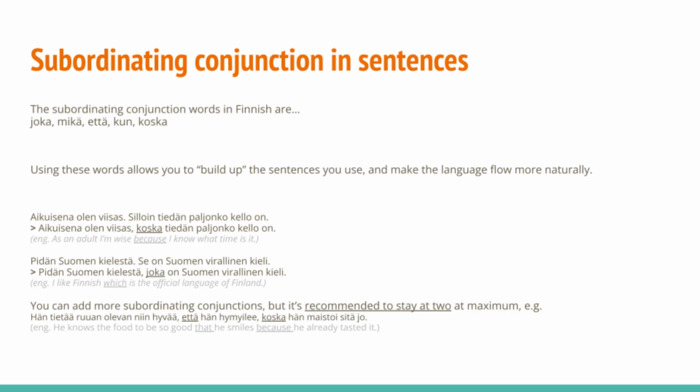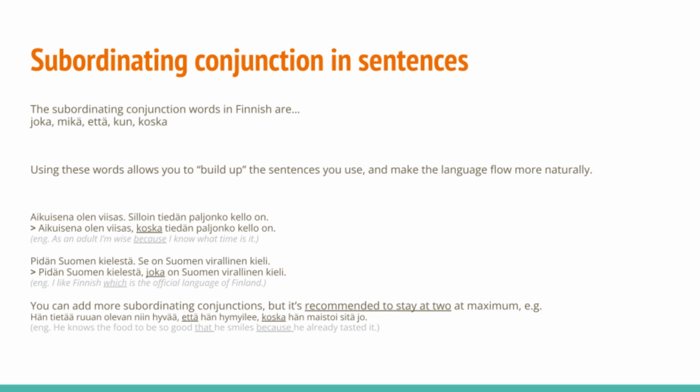Then the subordinating conjunctions in sentences. I know the title might sound a bit intimidating, but it's actually a semi-simple thing in Finnish. We have talked about examples of the usage of these words, but here's also a list of them. If you don't know them, they are "joka, mikä, että, kun, koska".